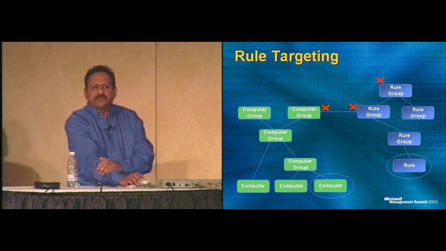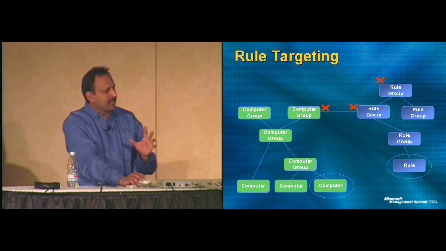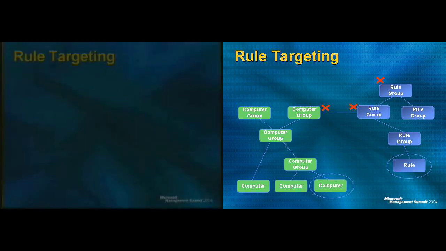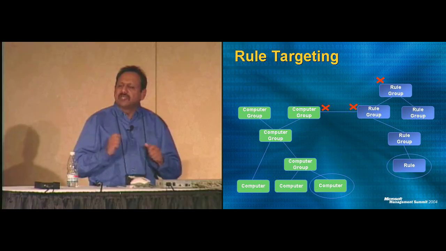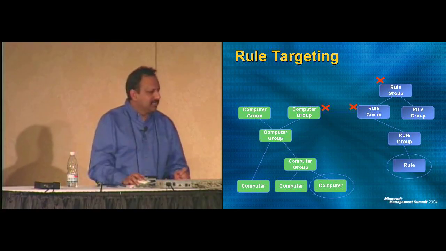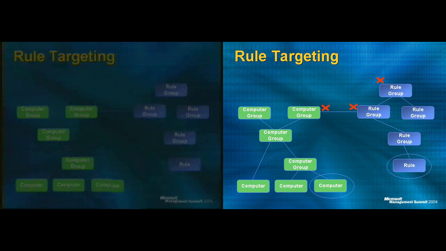So one thing for the people who've already used MOM, I want to clarify something, which is this thing about how does a rule get to a computer? How does this targeting work? And how sometimes the enabling, disabling gets a bit confusing. So let's say I've got this world here. The green things are computer groups in a nested set of computer groups.